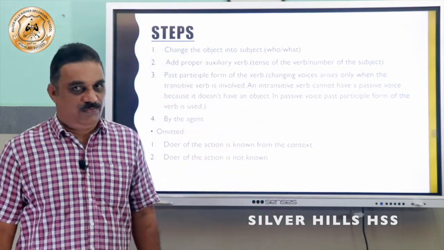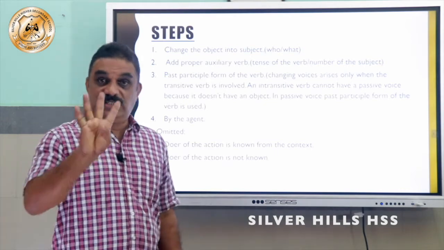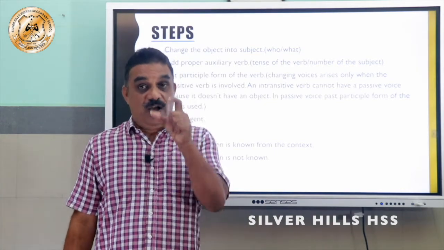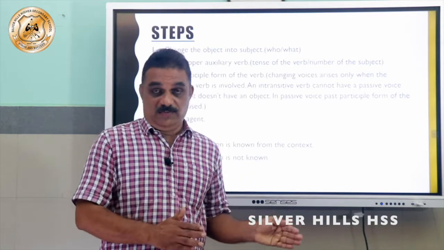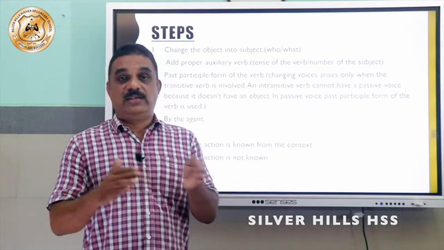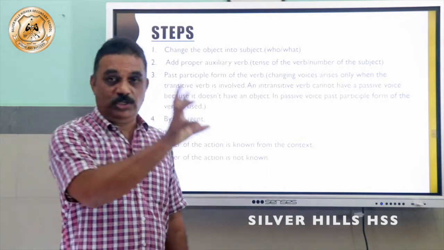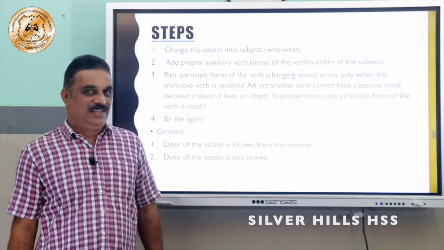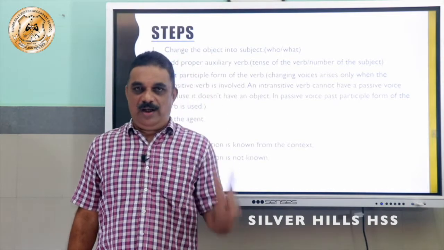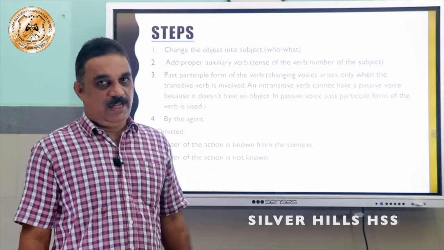So that is enough. So remember, these are the 4 steps that we have to follow while changing an active sentence into passive. First one, take the object into subject position. Second one, add a proper auxiliary verb.